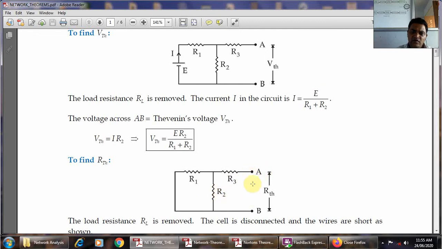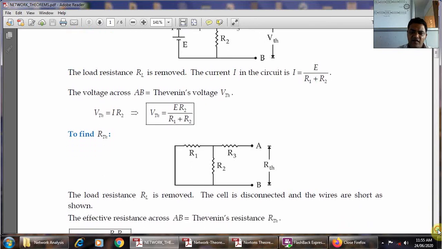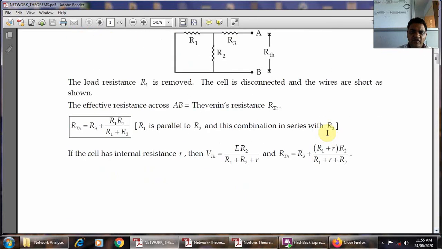Throughout the process the load resistance RL is removed, and it is connected at the final proof. The load resistance RL is removed, the cell is disconnected and the wires are shorted as shown in the figure, and the effective resistance across AB equals the Thevenin's resistance.